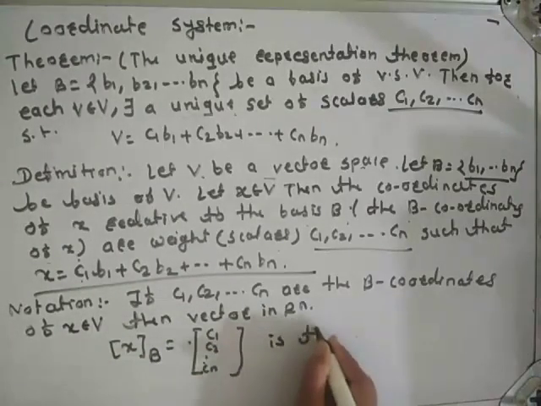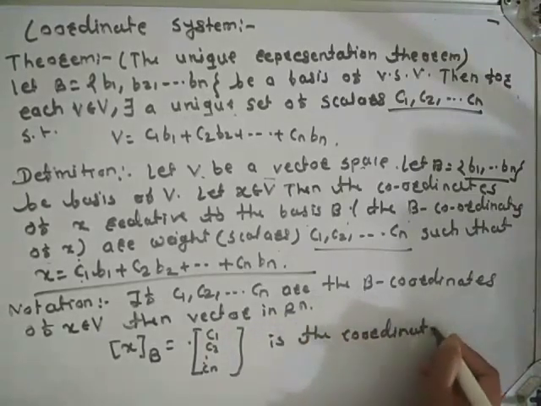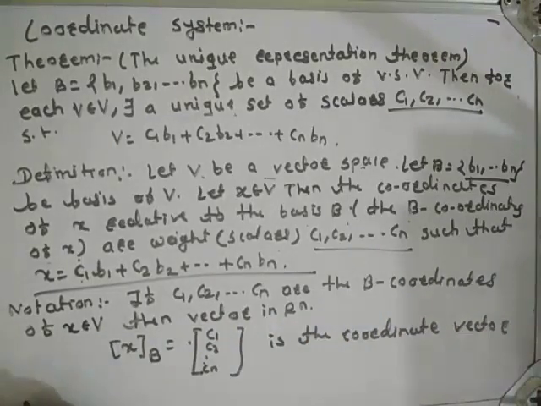This is the coordinate vector relative to B. Okay.